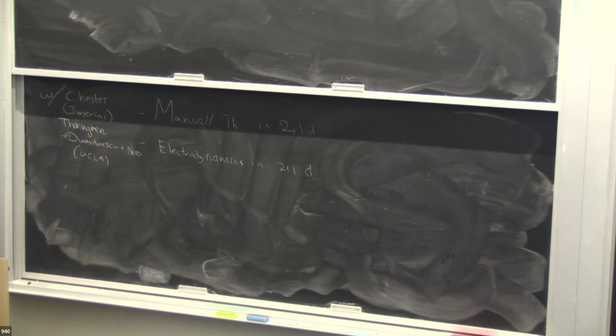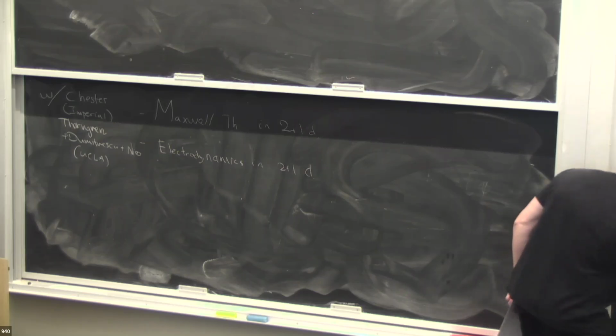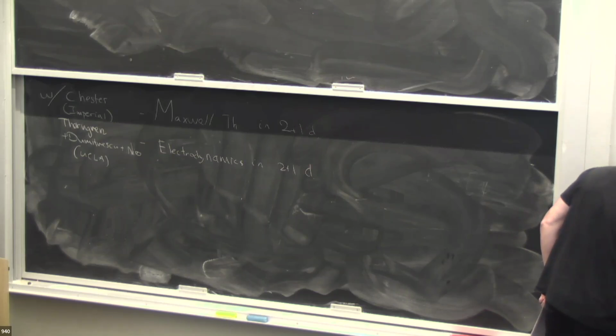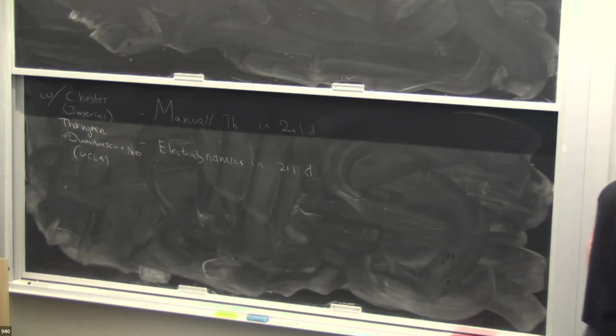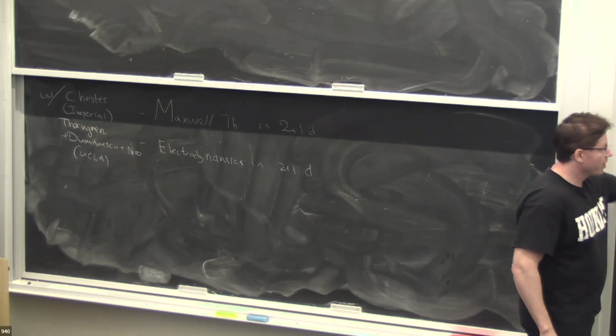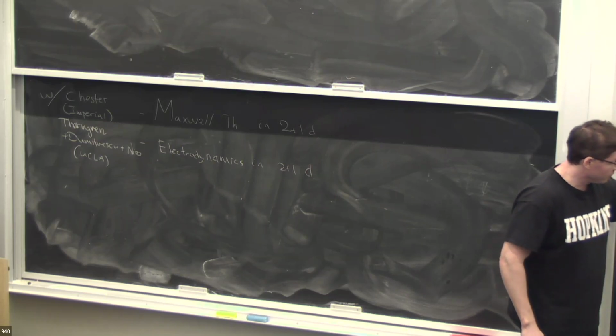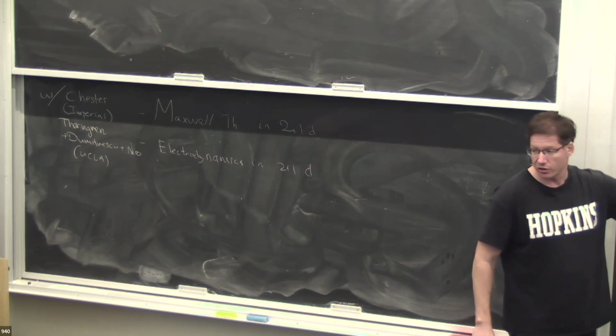And they have an index n, let's put it here. And they carry charge n under this U1. So this U1 is called a zero-form U1 symmetry. This is a one-form U1 symmetry. So the charge of monopole operators under this U1 symmetry is n by definition.